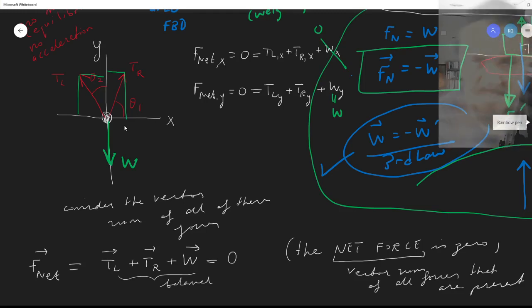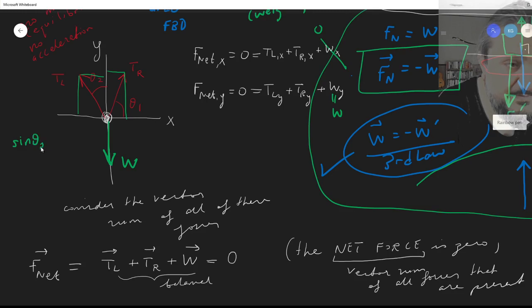Okay, basic use of trigonometry here, starting with TL on the left. See, if this angle is here theta 2, all right, what is the sine of that angle? Sine theta 2. Sine is by definition opposite side divided by hypotenuse in a right triangle. Here's your right triangle, right angle. Theta 2, opposite side is this side.